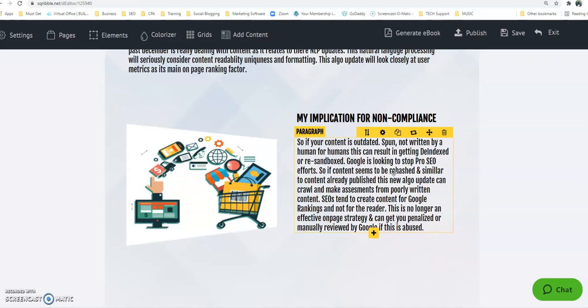They're not trying to write for the reader. That's what you have to look for. Google can see as non-compliant if they see too much content marketing that is not legit, that is very thin, and it looks like it's trying to game the system. So try to avoid that.